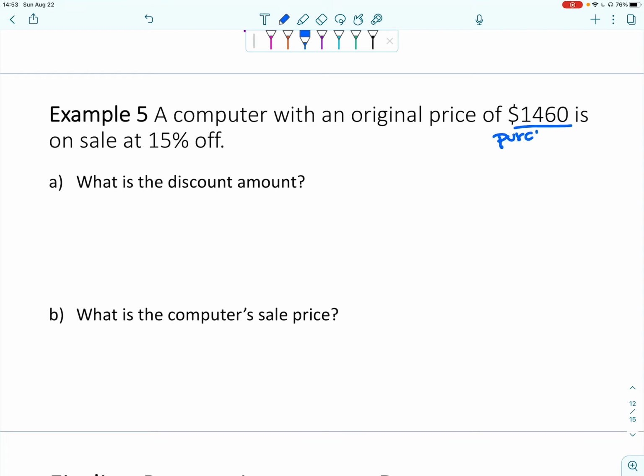That's the purchase price. But then there's a discount rate of 15%. I'm going to write that as a decimal, so 15% becomes 0.15.